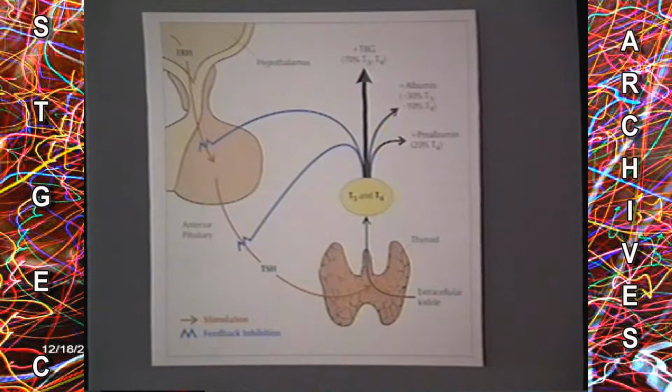So this is under negative feedback regulation. What this simply means is, if your thyroid gland makes a lot of thyroid hormone, the pituitary gland will say, whoa, there's too much, it's time to shut off. So if your thyroid hormone is high, the brain hormone will be low.